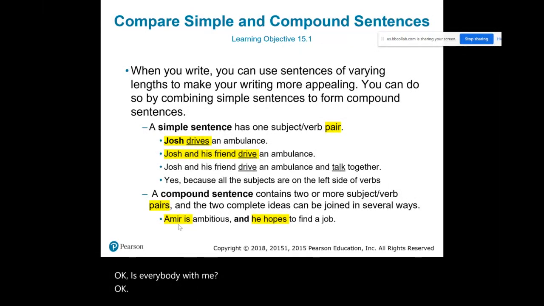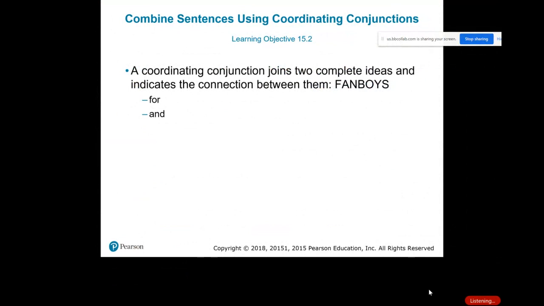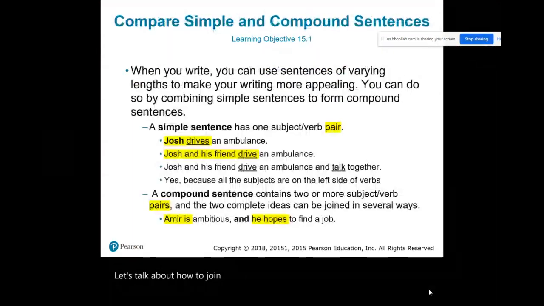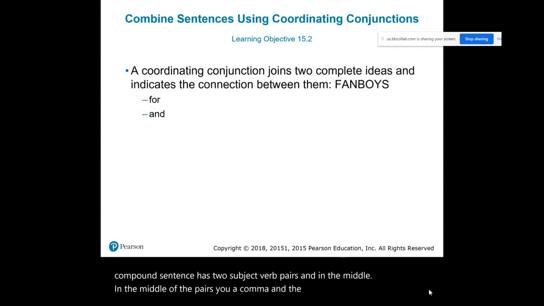All right, good. We got a couple more minutes, so I want us to look at some examples here. Let's talk about how to join these. Remember we said a compound sentence has two subject-verb pairs. And in the middle of the pairs, you see a comma and the word and. This word and is called a coordinating conjunction.